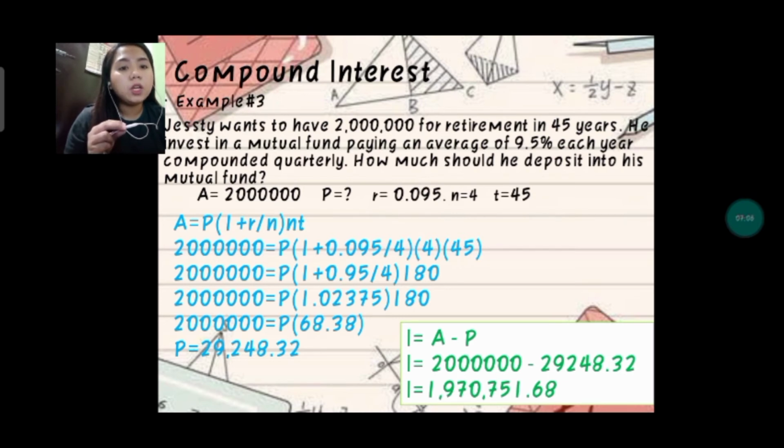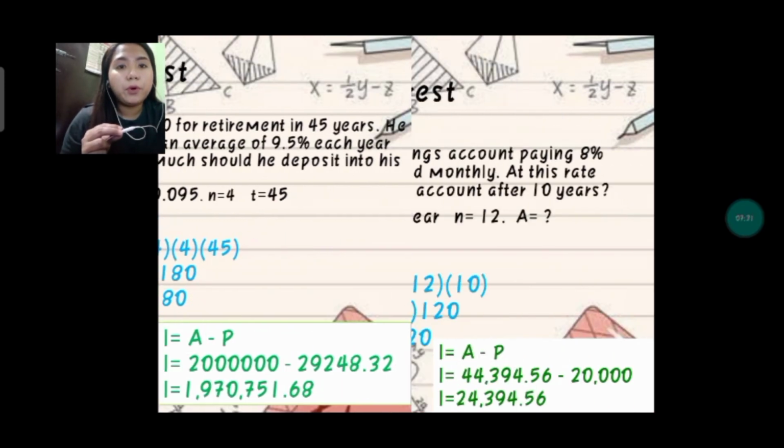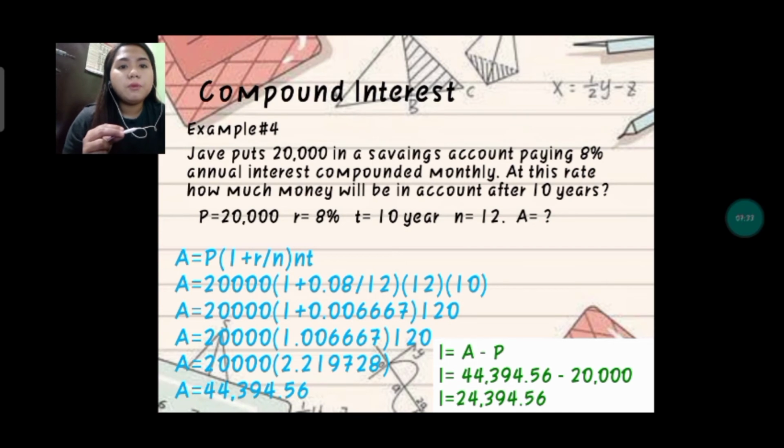In compound interest, to get the interest, we subtract the principal amount from the accrued amount. So 2 million is the accrued amount, subtract the principal, 29,248.32, which is equal to 1,970,751.68.